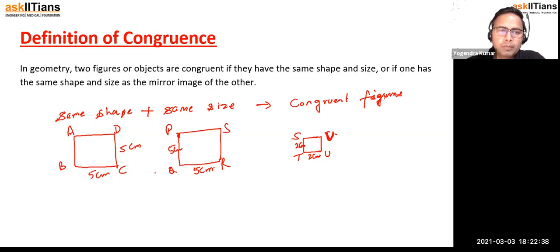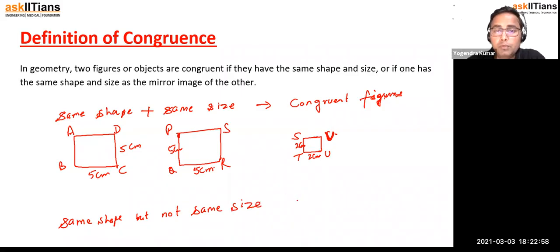In similar figures, we have the same shape but not the same size. So they are similar figures. Same shape but not same size, so they are similar figures, but not congruent.